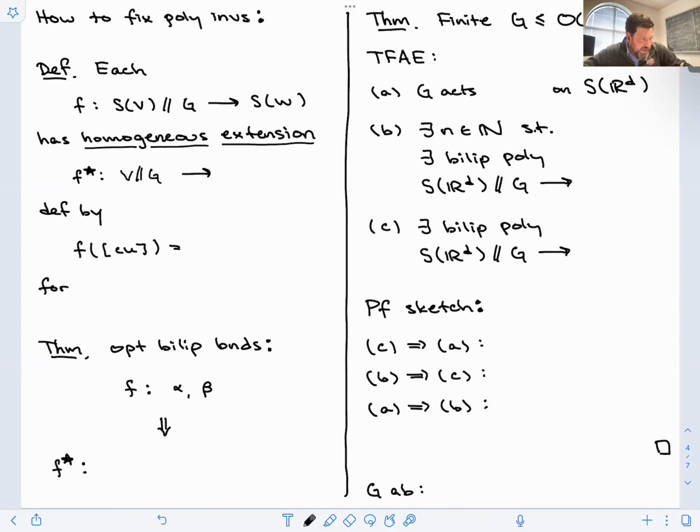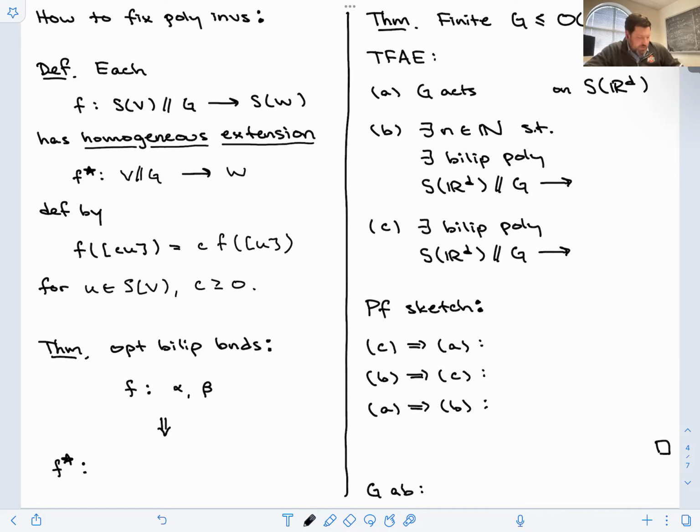This thing is going to map any member of the metric quotient to W, and what it's going to do is, I need to come up with what F is going to do at this point. I'm just going to take it to be C times whatever F does to bracket U. Okay, so this holds for any unit vector, and C is going to be non-negative.